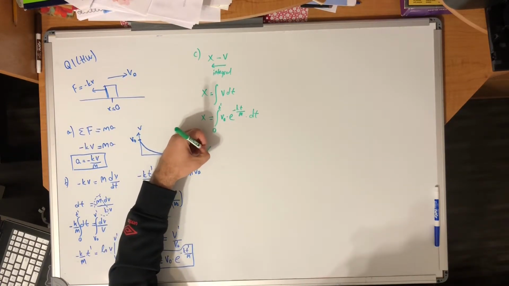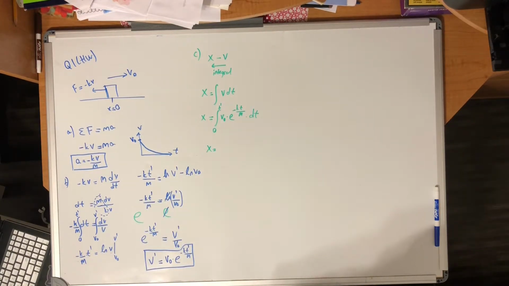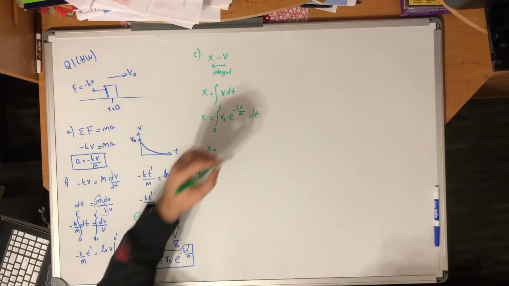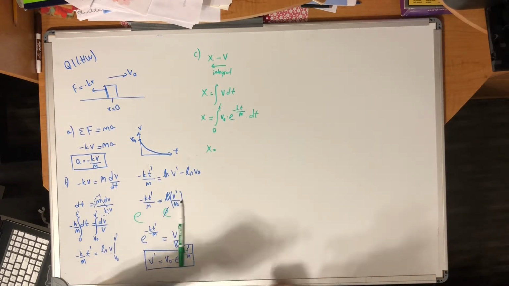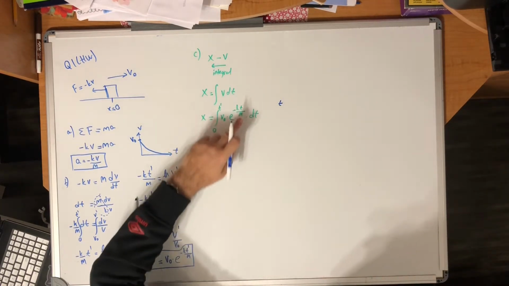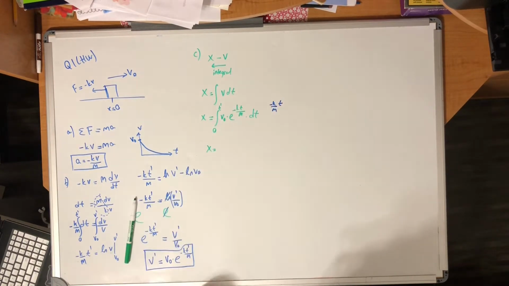Now, how are we going to take the integral of an e function? All you have to do is look at the coefficient of t. What is the coefficient of t over here? It is negative k over m. So that's your coefficient.